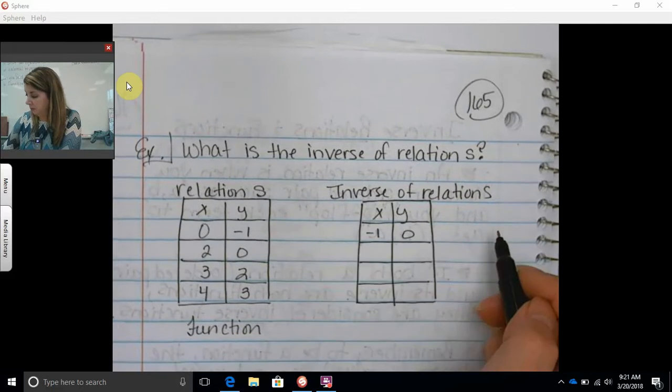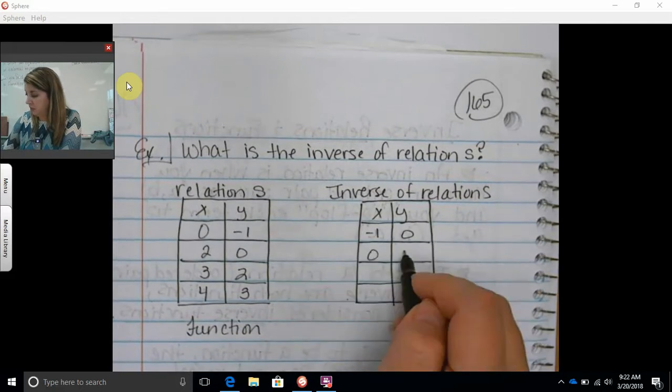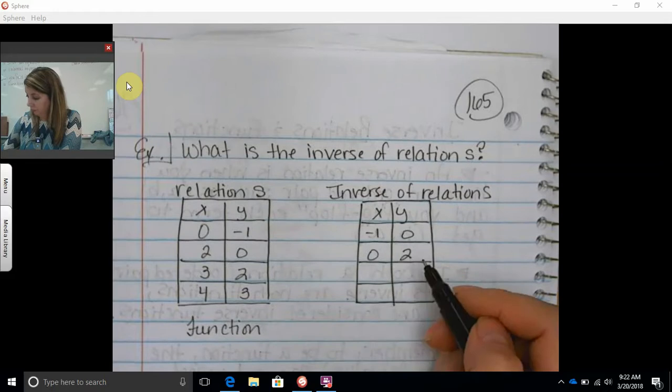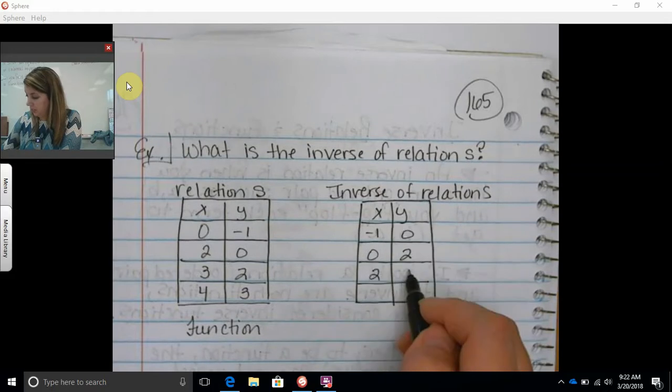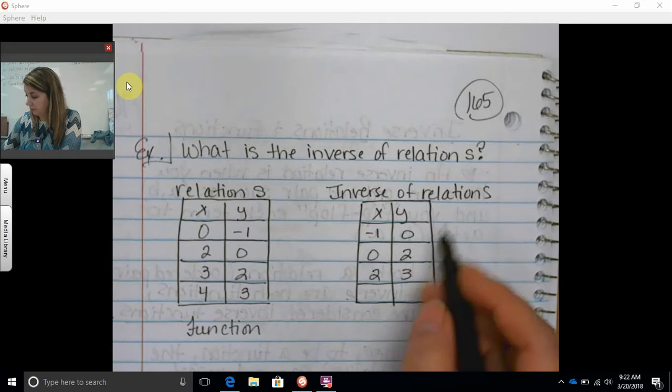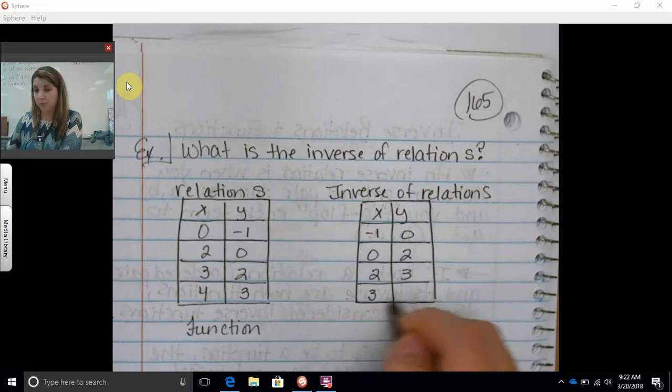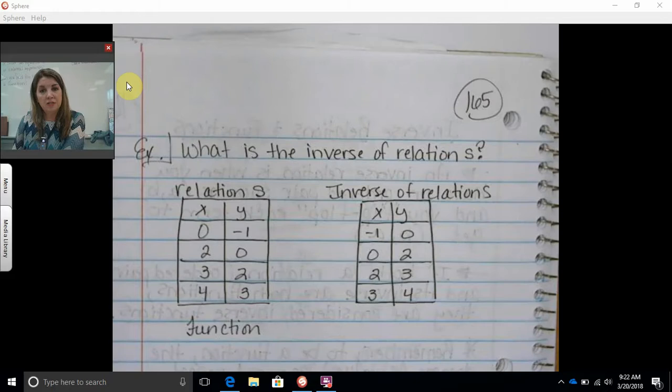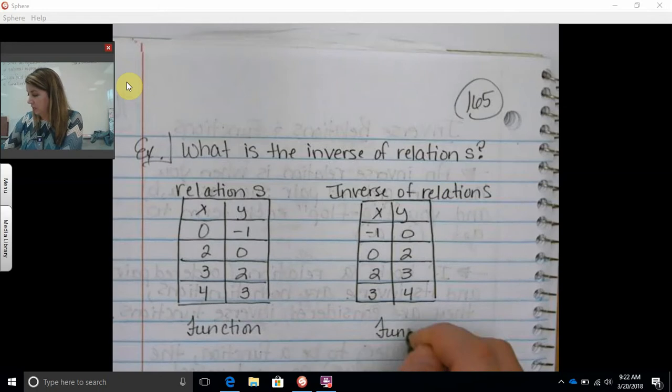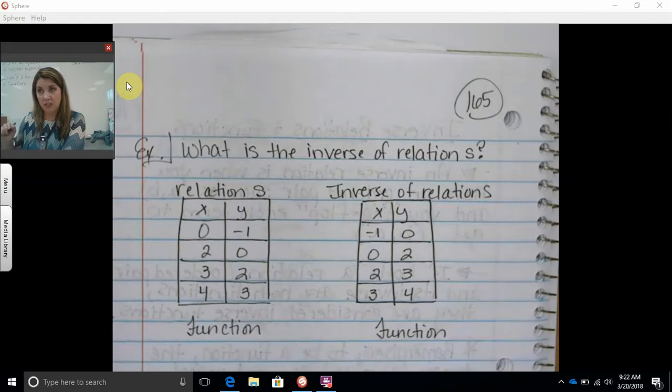Instead of 2, 0, 0, 2. Instead of 3, 2, 2, 3. And instead of 4, 3, 3, 4. Is your inverse of relation S a function? Yeah. So if your original relation and its inverse are both functions, then we refer to these as inverse functions.